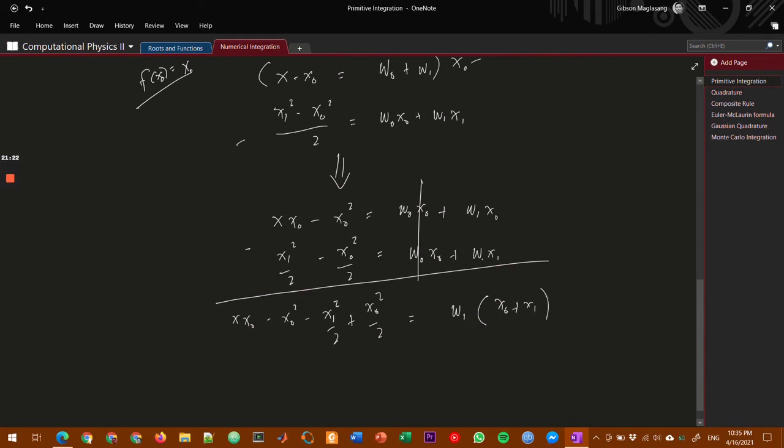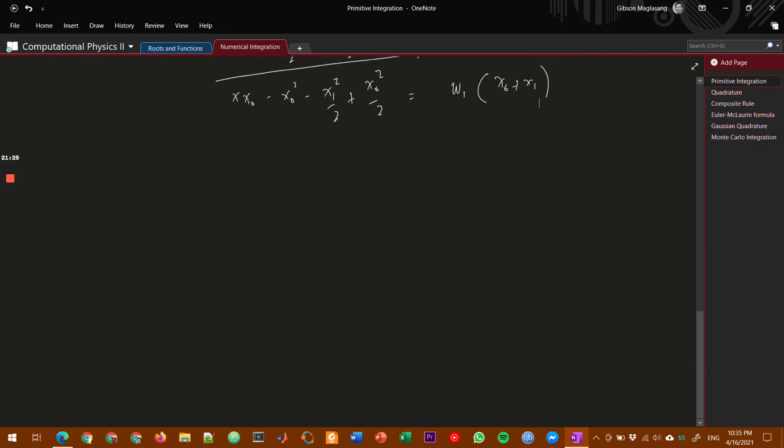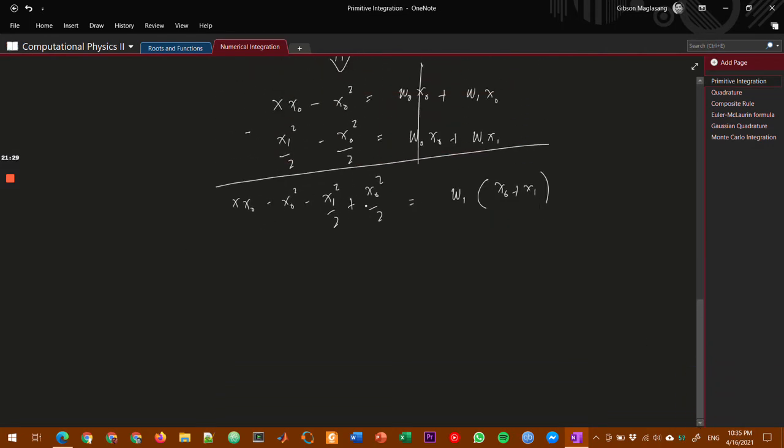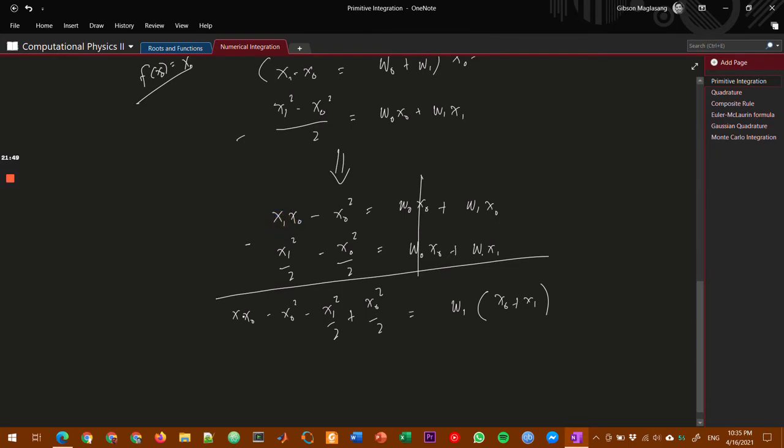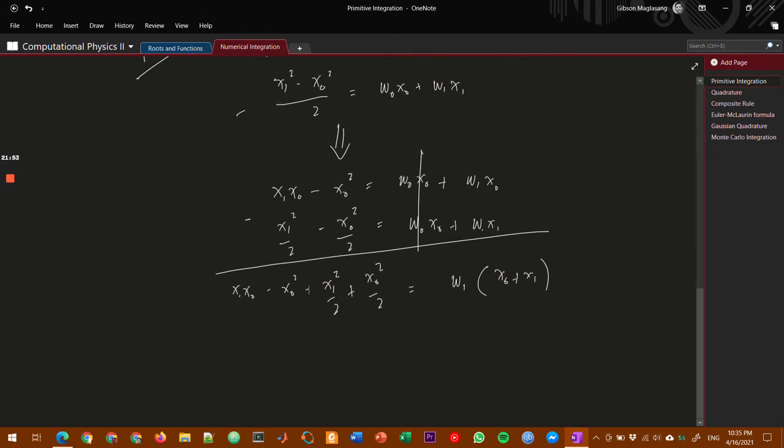We can simplify this: combining the x naught terms, that's actually minus x naught squared over 2.